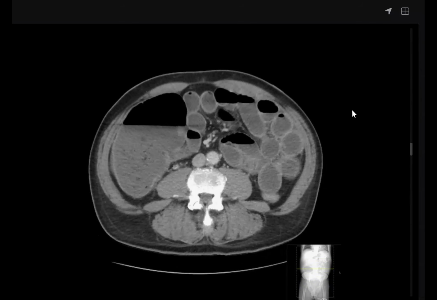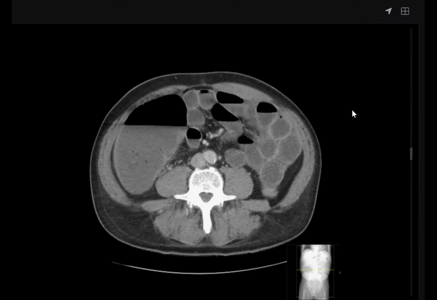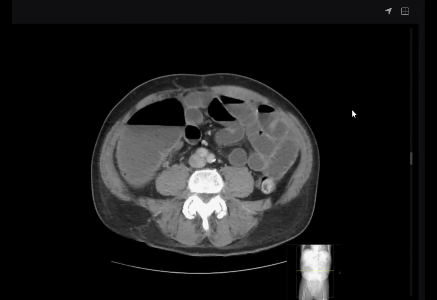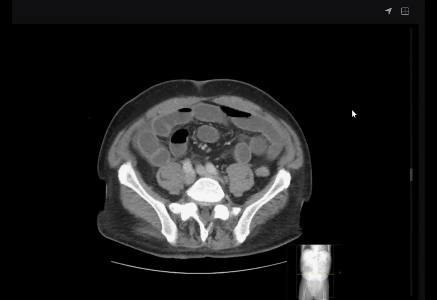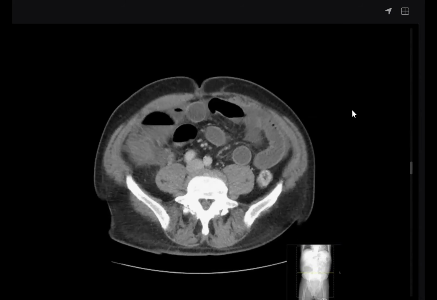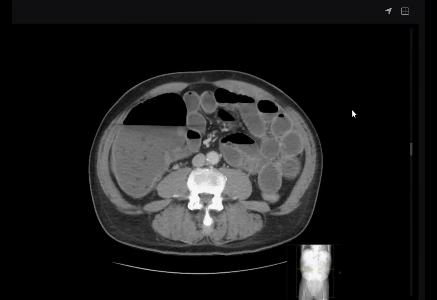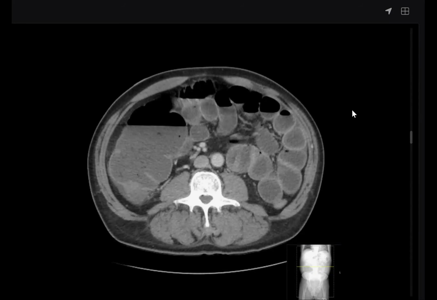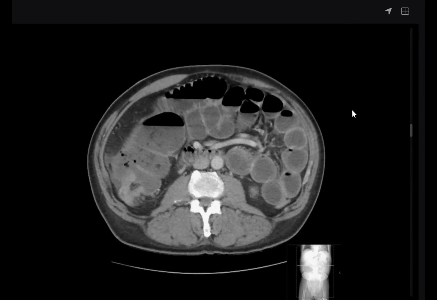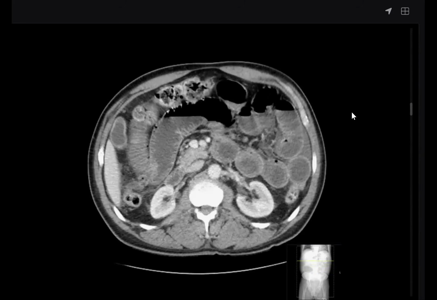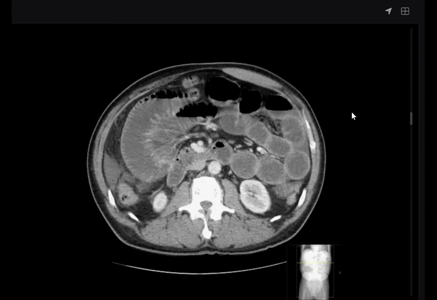Now I'm trying to look for any swirl sign, to look for cecal volvulus. What else can dilate the cecum and small bowel? Any mass in the ascending colon? Let me handle it.